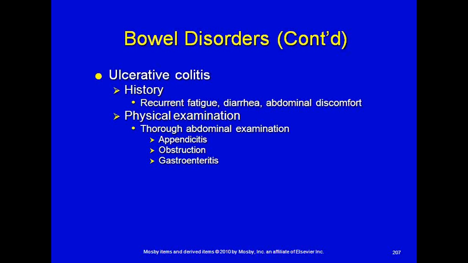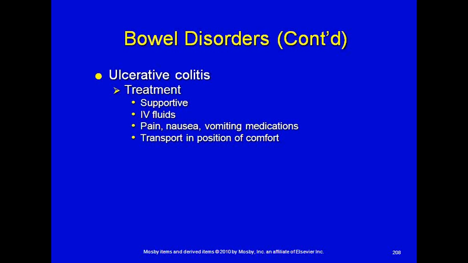We can do some exams and some diagnostics and might have an idea or a potential differential, but there are just so many things that it could be, and they all present very similar, that it's difficult to make a diagnosis. So I think what our responsibility is in these particular bowel disorders is to see if they have any sort of abdominal catastrophe going on. Are they hypotensive? Are they in shock? And if so, treat that.